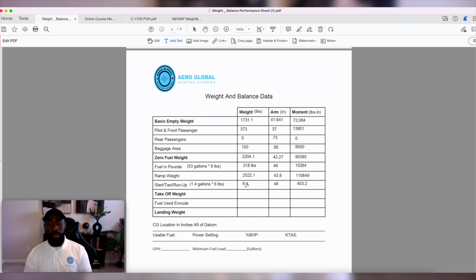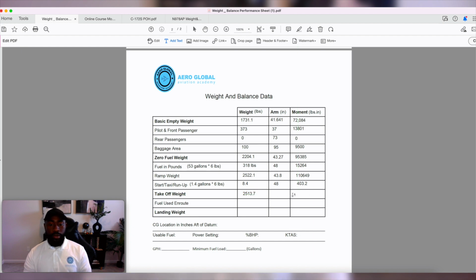So we basically subtract 8.4 from 2,522. It's not a lot, but you do need to account for that to have accurate numbers. So we put that right there.